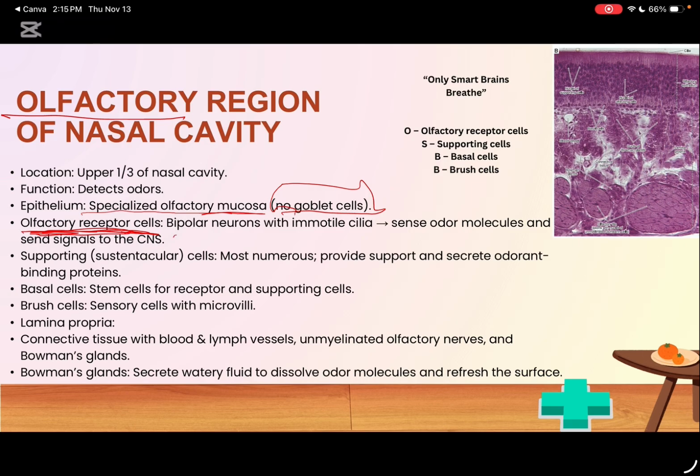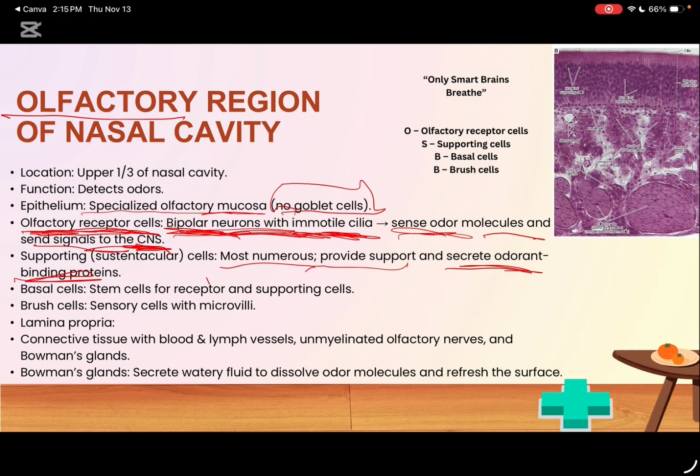They are bipolar neurons with immotile cilia. What do these bipolar neurons do? They sense the odor molecules and send signals to the central nervous system. What do the supporting cells do in the olfactory region? They are the most numerous, and they provide support and secrete odorant binding proteins.